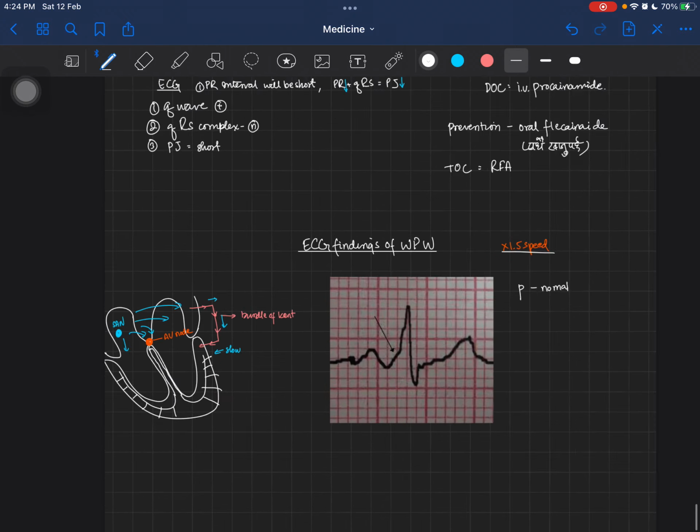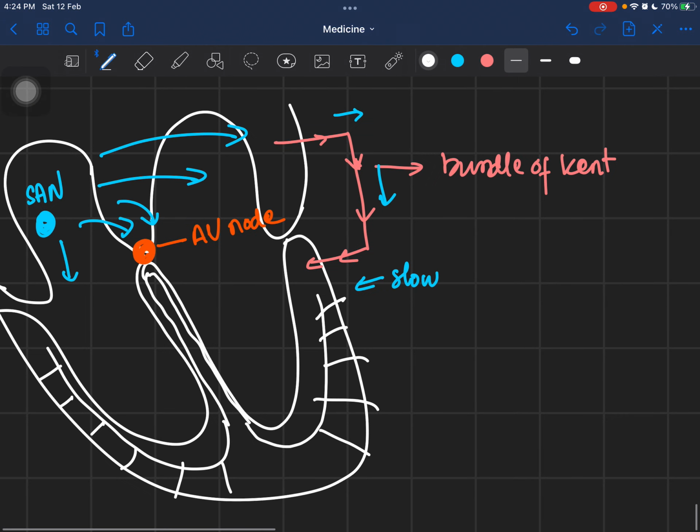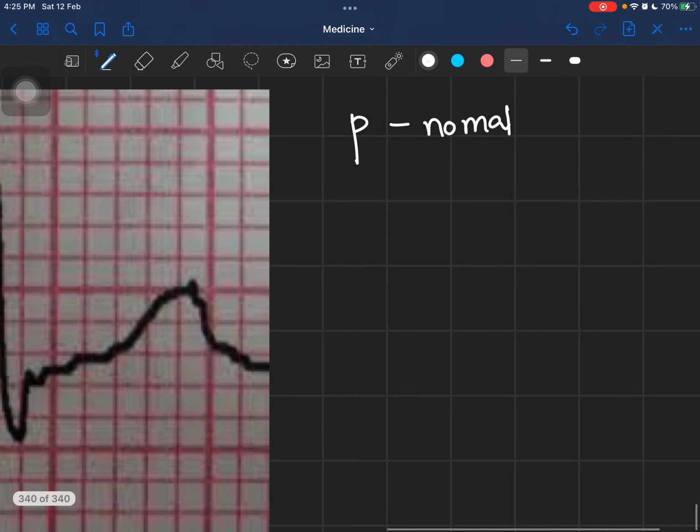Why? Because the PR interval, which normally forms because of the AV nodal delay, would be absent here, because all of the current is being short circuited into the ventricles. So what finding do you expect to see in this ECG of Wolff Parkinson White syndrome when you analyze the PR interval?